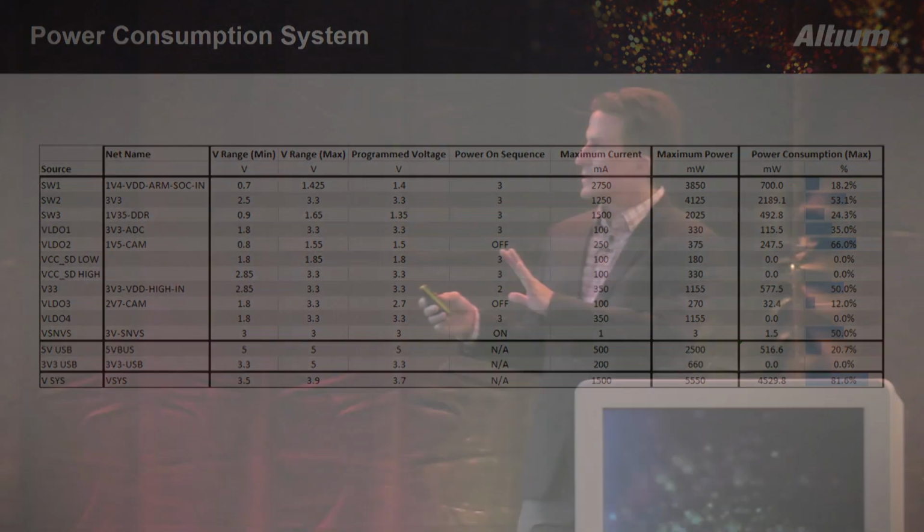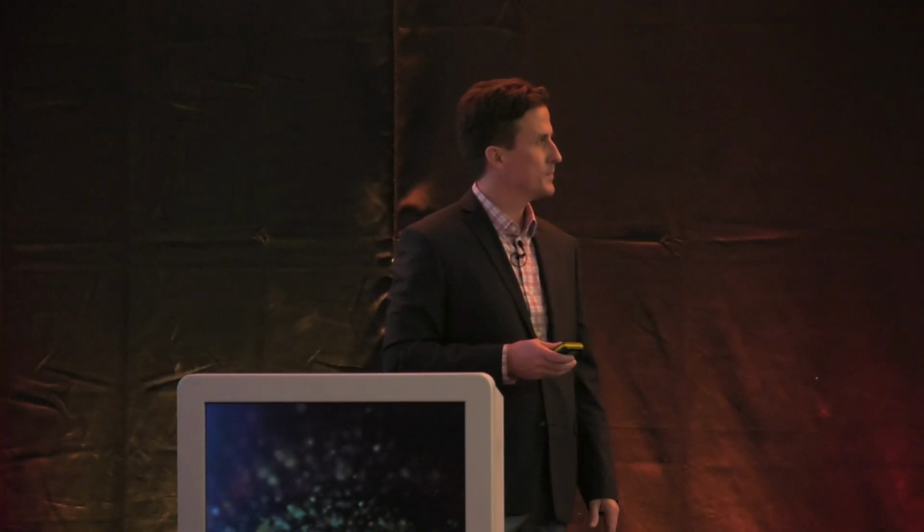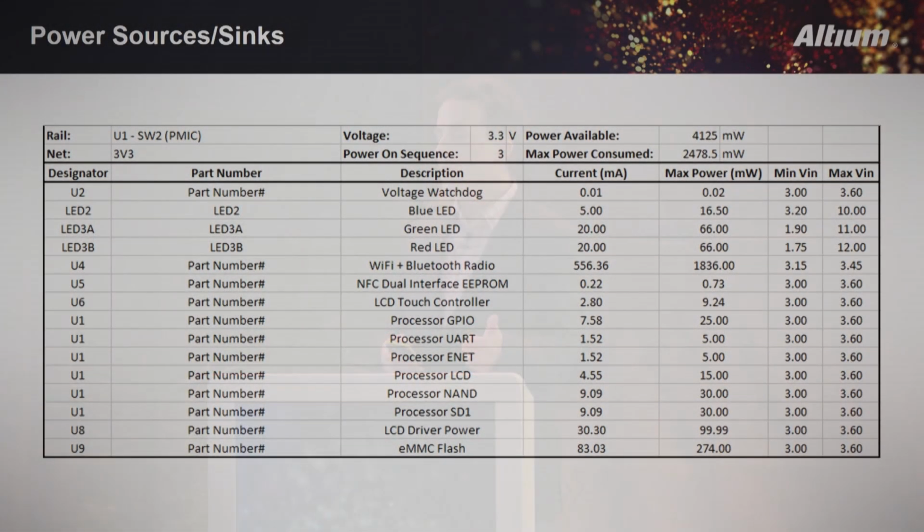Now, for us, we have a spreadsheet, and a bunch of these schematics that we produce are all interconnected, so I'm not having to do this over and over again. Furthermore, I look at a specific rail.